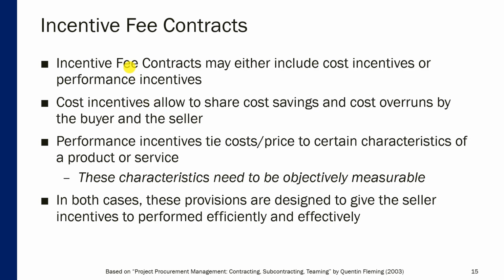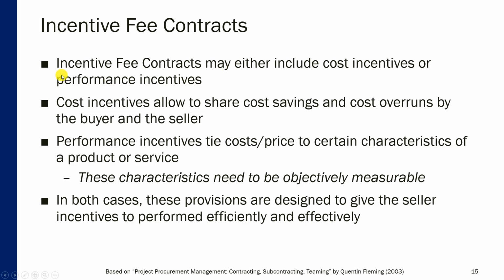And then there can be an incentive fee modification to this contract where, let's say, if the project goes above the agreed upon price, which is $100,000, then this additional cost will be split, let's say 80-20 between the buyer and the seller. Let's say the seller will incur 80% of the cost while the buyer will pay 20% of the cost.